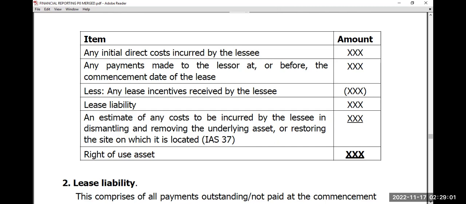Then the other one is a lease liability. This lease liability, we are going to look at it, but basically lease liability is an obligation that you are going to pay a certain amount of money in the future.